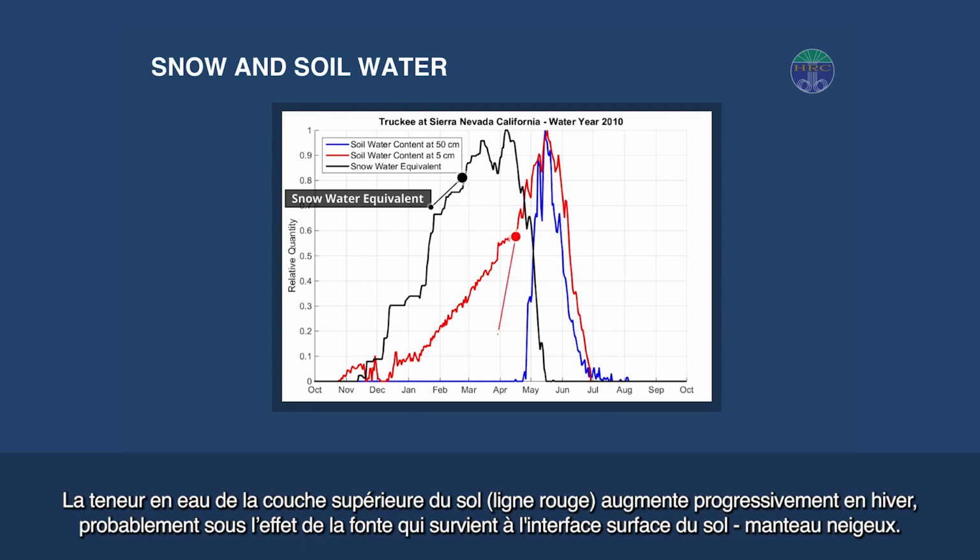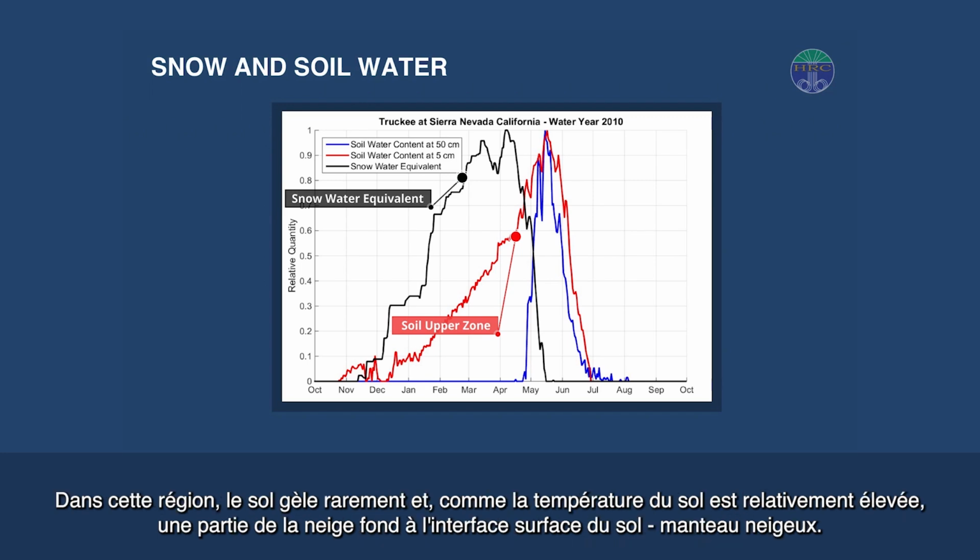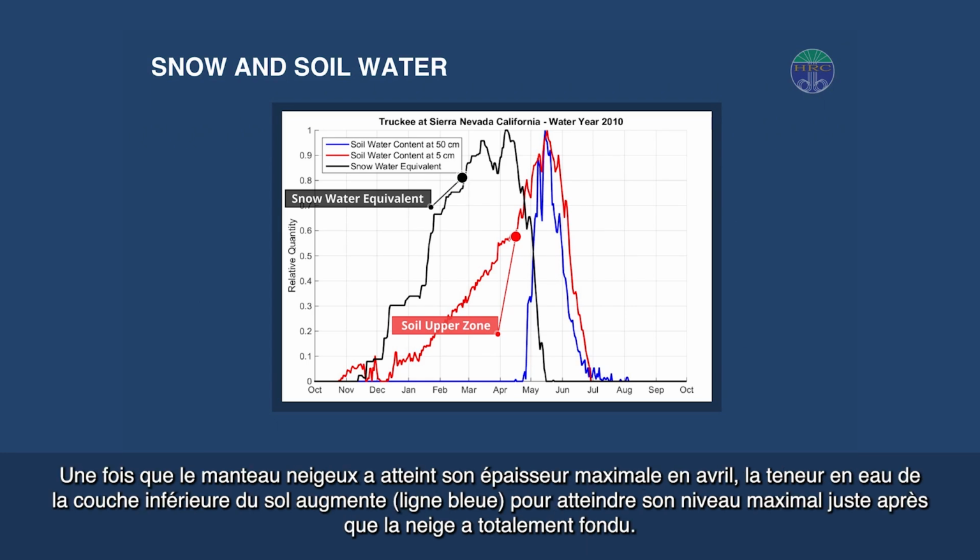The soil water content at the upper layer, the red line, gradually increases during the winter, likely because of melt that occurs at the interface between the soil surface and the snowpack. In this region, the soil temperature rarely freezes, and therefore, because of the warm soil temperatures, some melting occurs at the interface. Following the peak of the snowpack in April, the deeper soil water content increases, the blue solid line, to peak just after the snow was completely depleted.